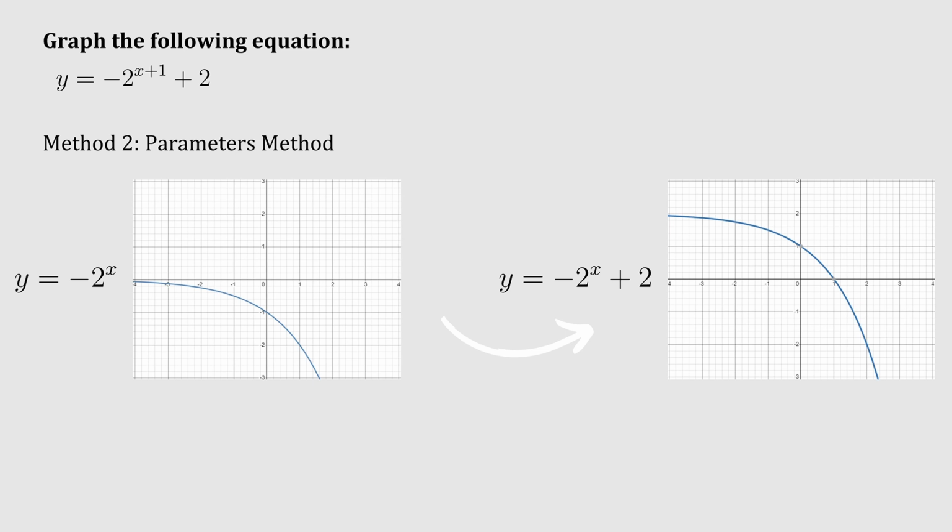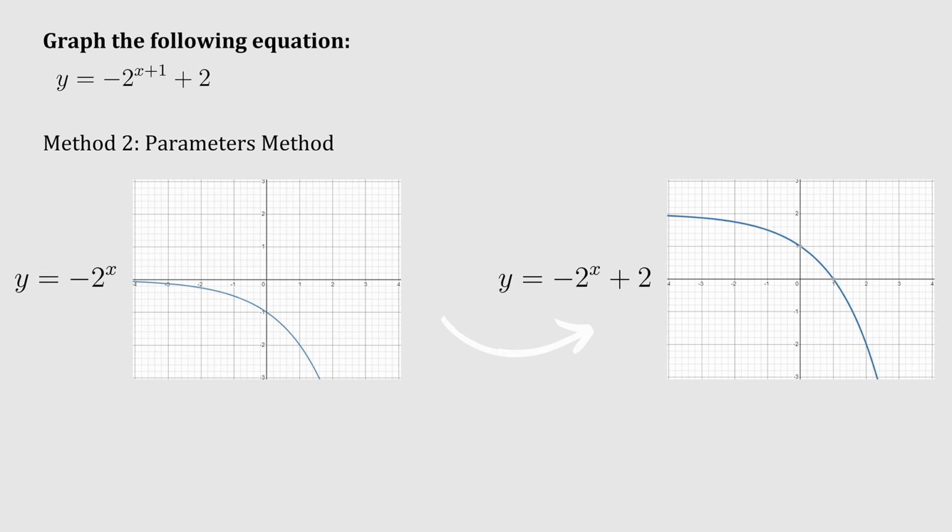And since it moves 2 units up, the new equation cuts the y-axis at 1, because negative 1 plus 2 is 1. To get the x-axis intercept, you have to make the y 0, which will give you 0 equals negative 2 to the power of x plus 2. By inspection, you can see that x has to be 1, because negative 2 to the power of 1 plus 2 is 0.